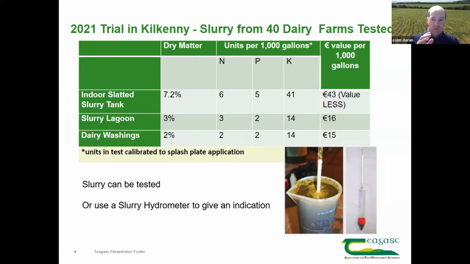Putting them out now, we have to wait a long time for the growth to come to use those nutrients. Whereas if the stronger slurry could be held until March, it would be a lot better used. So the principle is that the more dilute the slurry is, the fewer nutrients there are.